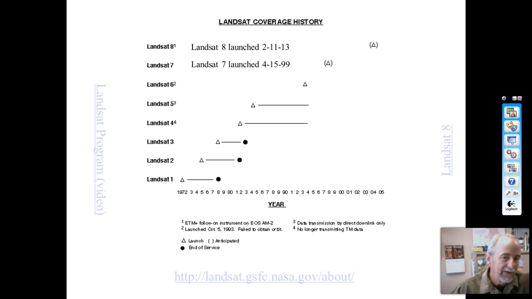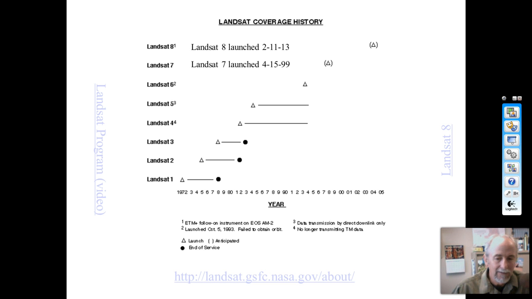So fortunately, Landsat 5 lasted until really the launch of Landsat 8 and the initiation of the operational land imaging system, the OLI system, and the thermal infrared sensor on Landsat 8.